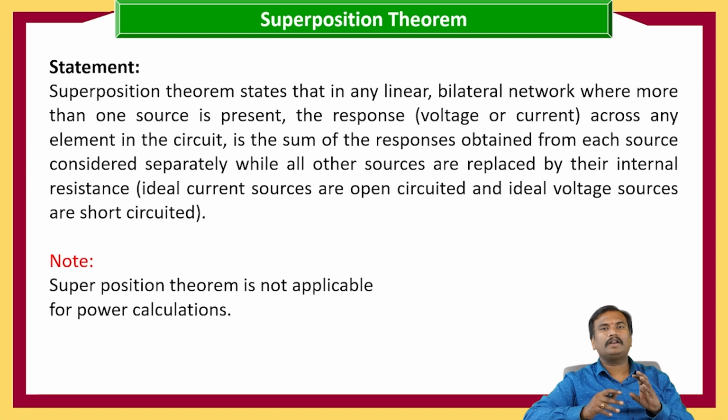That is, we take only one source and calculate the response in that particular element, then we make that source non-operative and use the other source to calculate the response in the same element. So the complete response due to the two sources is the sum of responses, that is I equals I1 plus I2, if we consider it as a current we are calculating.